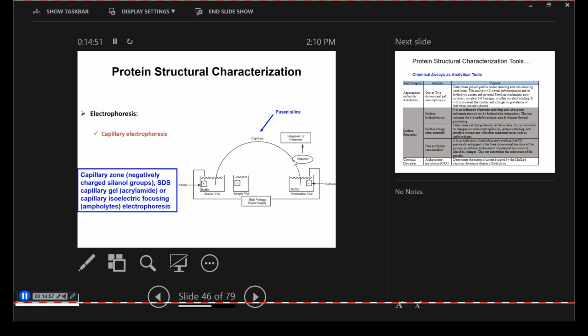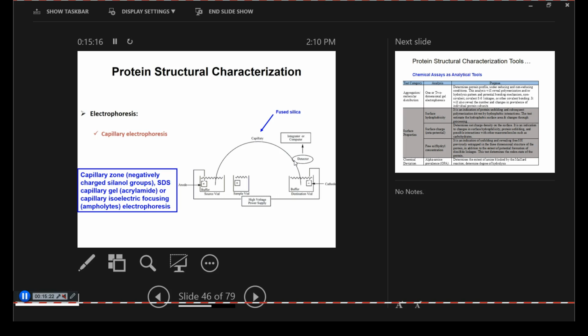You don't only separate based on size or charge. You also can detect or quantitate as well. So you can do quantitative, not just qualitative like a gel, right? And then you can have the isoelectric focusing so that you will have all of the ampholytes that you run and form a pH gradient, and the protein, once it reaches its isoelectric point, it will sediment.